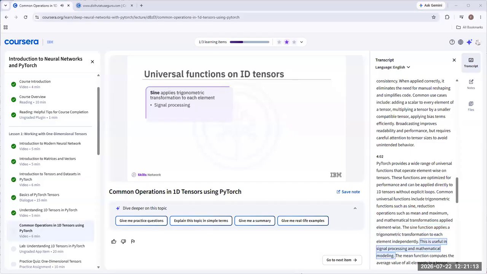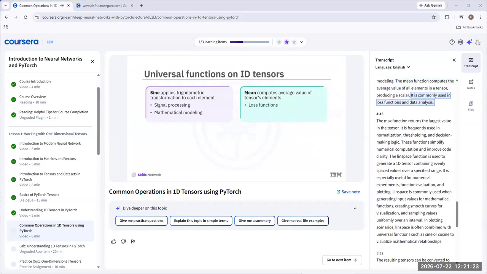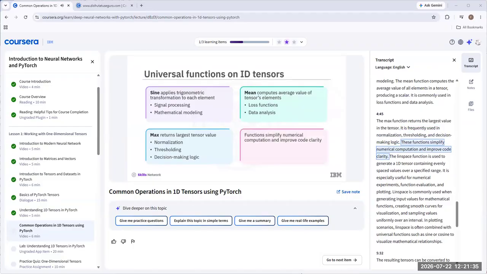This is useful in signal processing and mathematical modeling. The mean function computes the average value of all elements in a tensor, producing a scalar. It is commonly used in loss functions and data analysis. The max function returns the largest value in the tensor. It is frequently used in normalization, thresholding, and decision-making logic. These functions simplify numerical computation and improve code clarity.